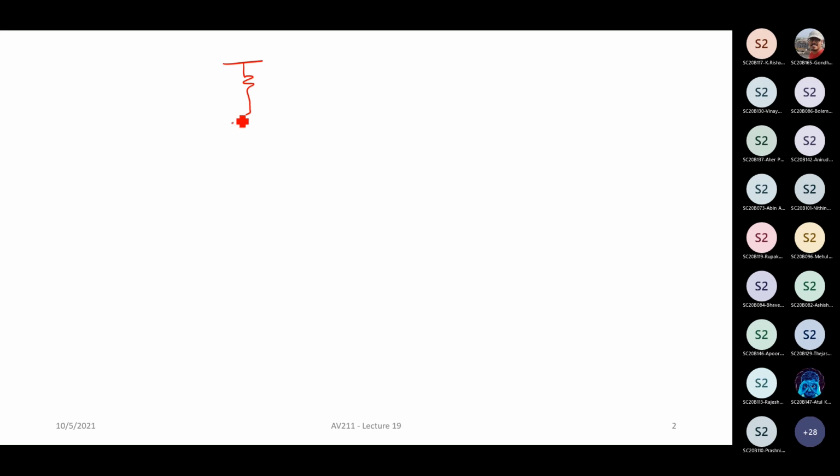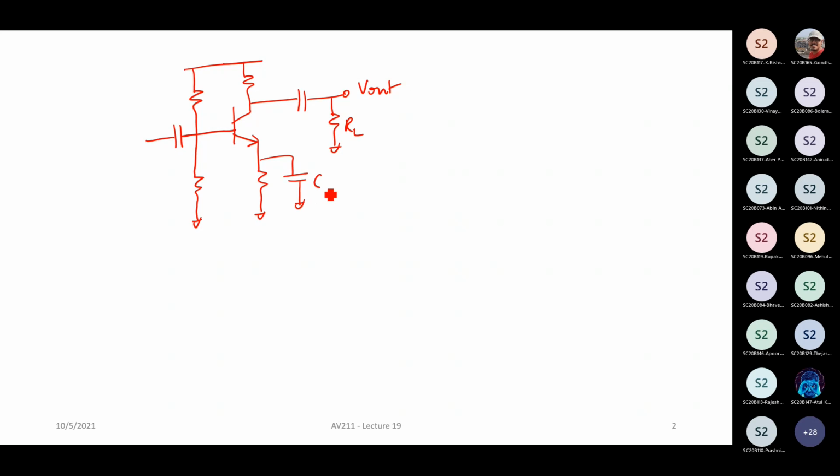So if you take a common emitter amplifier, and this is what you would have done in your lab, this is the amplifier that you would have looked at in your actual lab as well as for our analysis, right? I hope I'm being audible. Yes, sir. Okay.